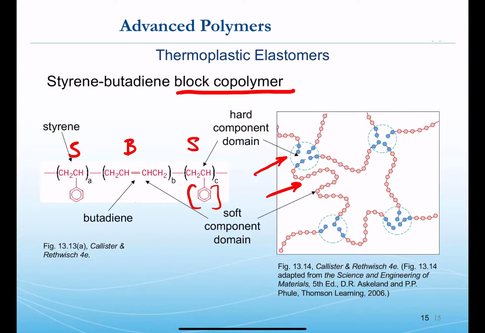What's also known about copolymers is that they do not like to mix. So in a sense, they phase separate just like oil and water in your vinaigrette. So butadiene segments like to mix with butadiene segments. So that is, for example, red to red segments like to happen, and red touching blue segments does not like to happen.